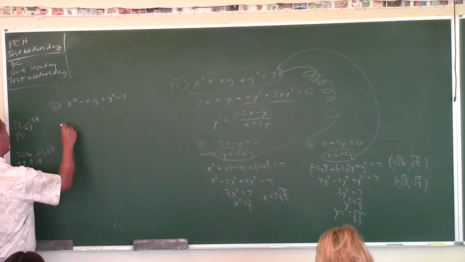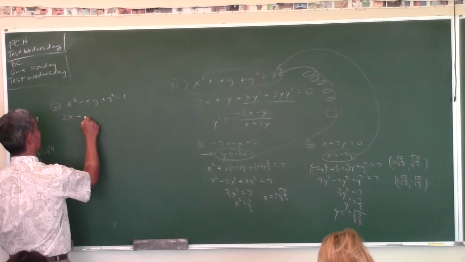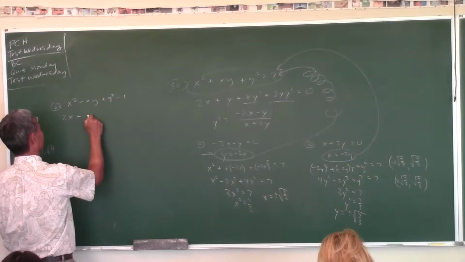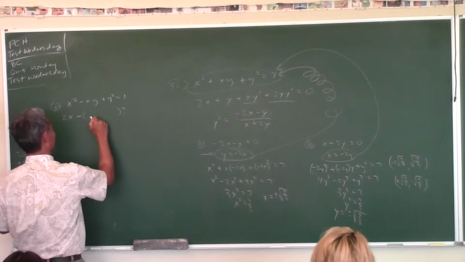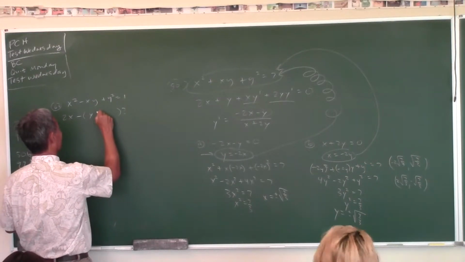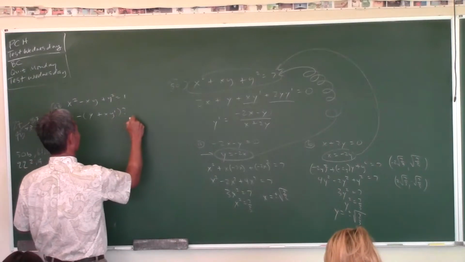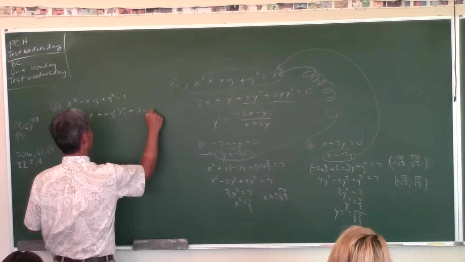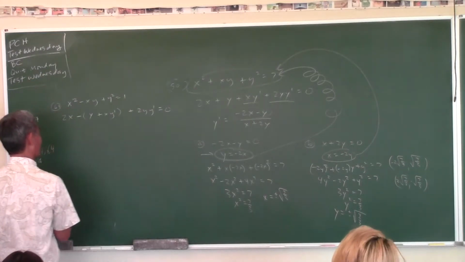Mariama? 2x minus the quantity of y plus xy prime plus 2y prime equals 0. That is correct.